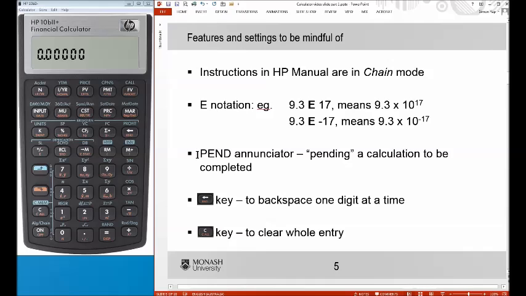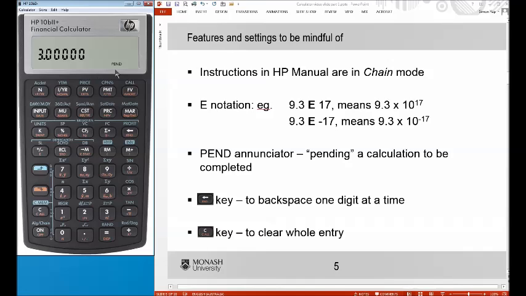If a calculation hasn't been completed yet, for example, we need to calculate an expression 3 times 2. Before we key in the next number, we will see the PEND annunciator displayed at the bottom right hand side of the screen.